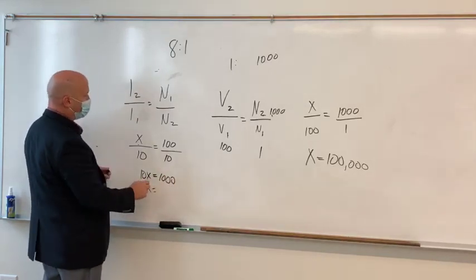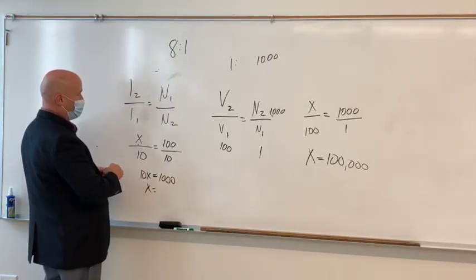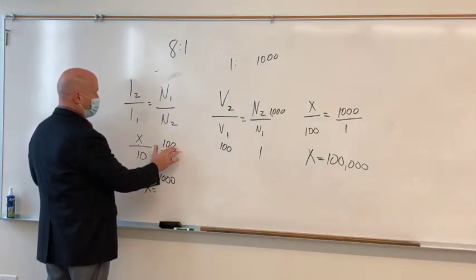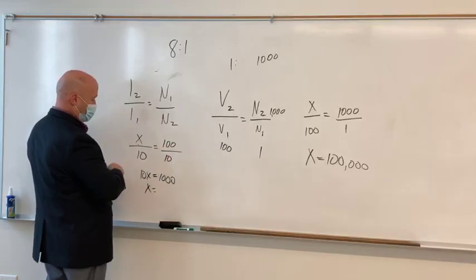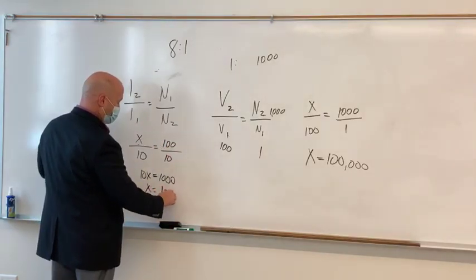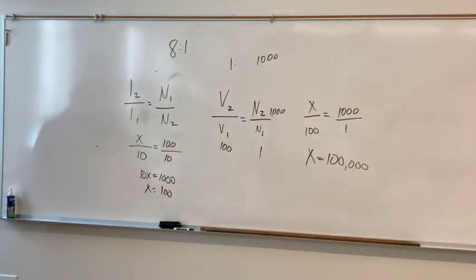So x is equal to 100. What did I do wrong? I did something drastically wrong. I should have the number of turns on the secondary side, and intensity on the secondary side.